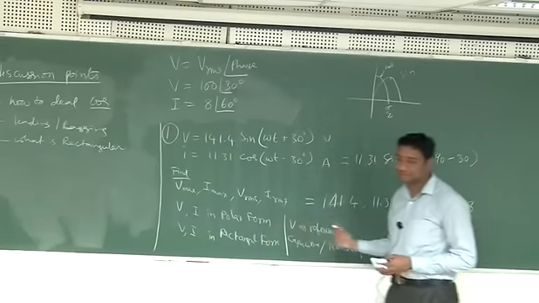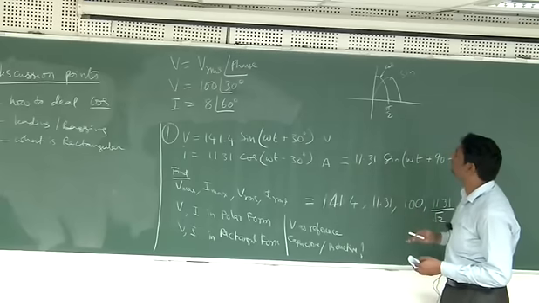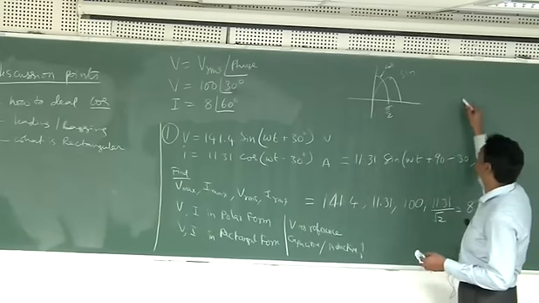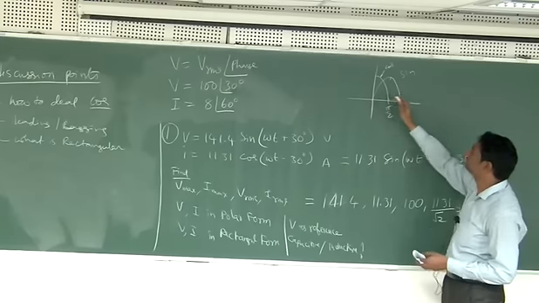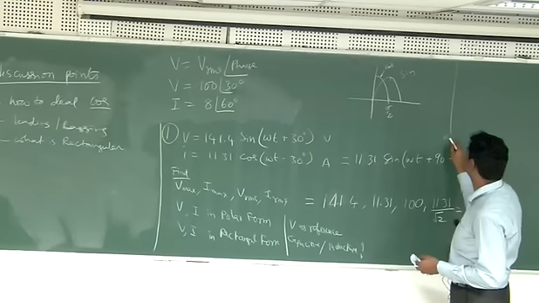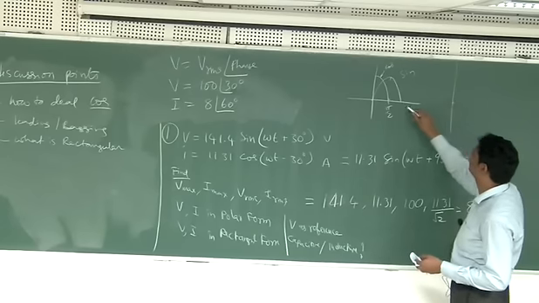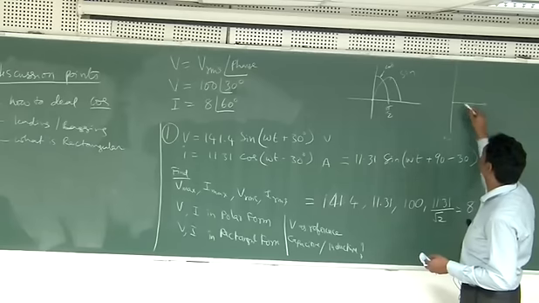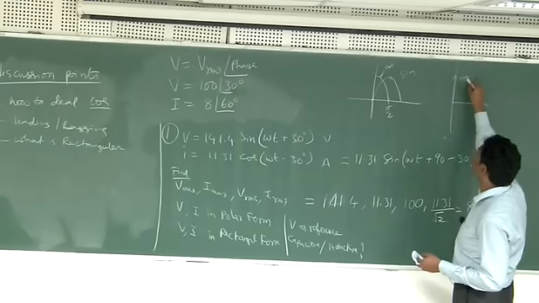If you take the shadow of the sine wave on a vertical line, at t equal to 0 the value should be 0.